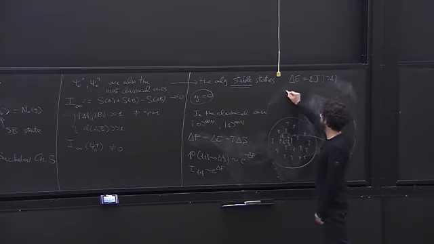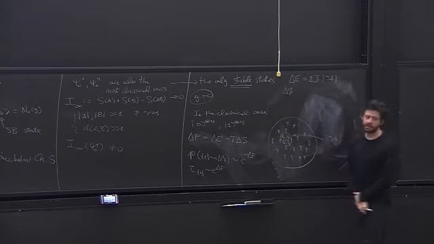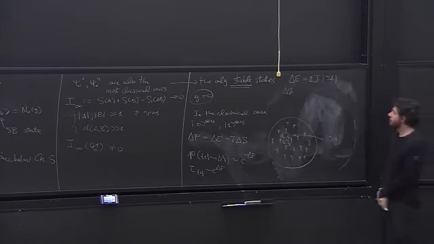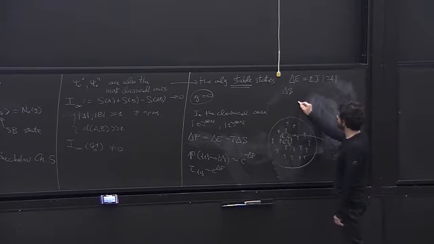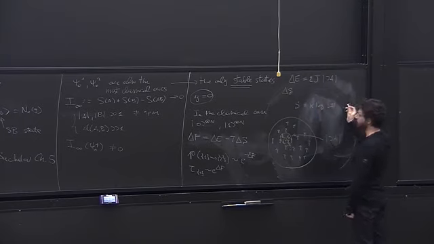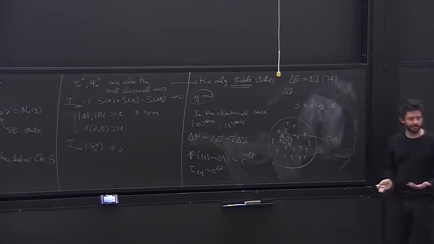Now let's compute the entropy. Well, the entropy is k log the number of configurations that give me the same macrostate.